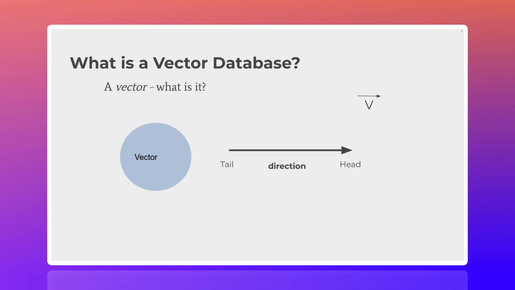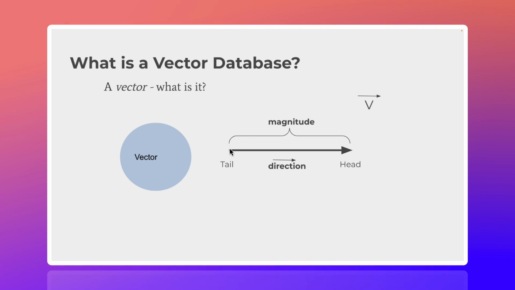It goes left to right, that is a direction. And then it has a magnitude. Magnitude is just, in this case, the length of this arrow. So that's what a vector is mathematically. If you think about shooting an arrow from a bow, where you aim and how hard you shoot that arrow will tell you what the vector would look like.